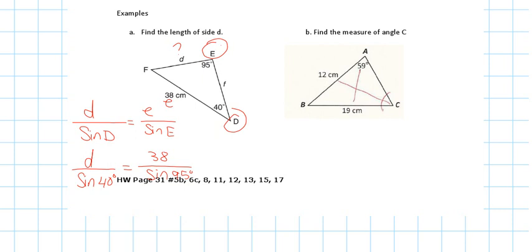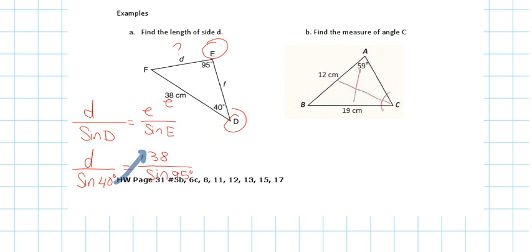You multiply. Exactly. So I call this half cross multiply. Okay. So all I have to do is bring that sine 40 to the other side, and that's going to be multiplying by the numerator. So you're going to bring the sine 40 over, and that's going to be 38 times sine 40 over sine 95.